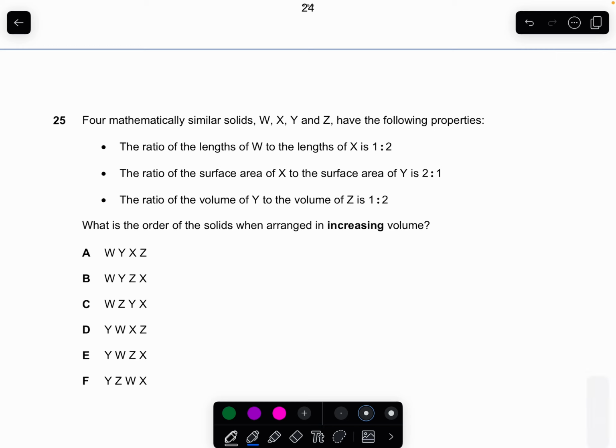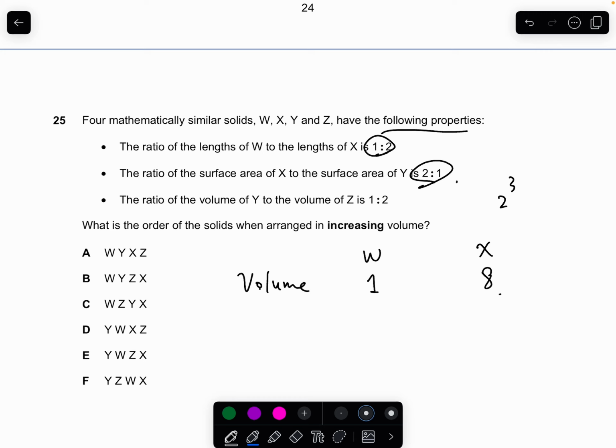For mathematically similar solids have the following properties. The ratio of length is 2. Okay, weight, and okay. So let's just say the volume, okay? So let's set W as 1, and X would be 2 to the power of 3, and it will be 8.